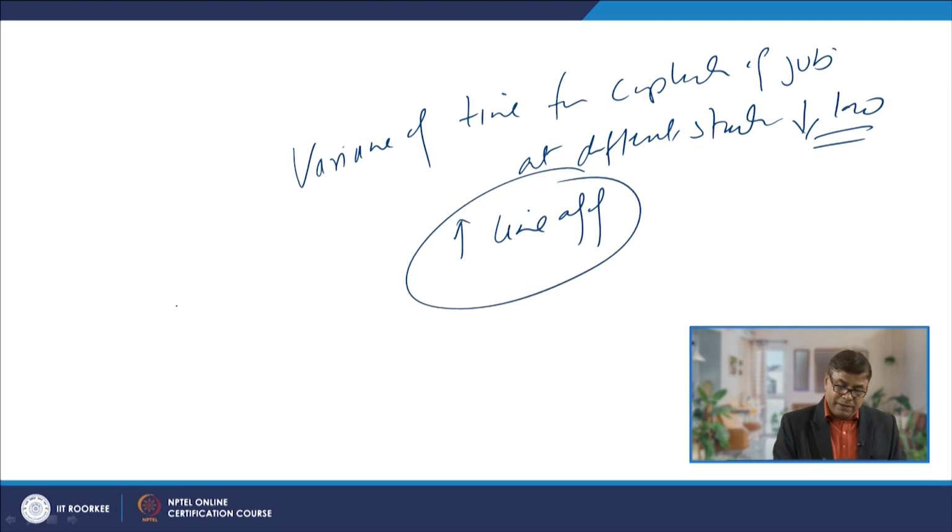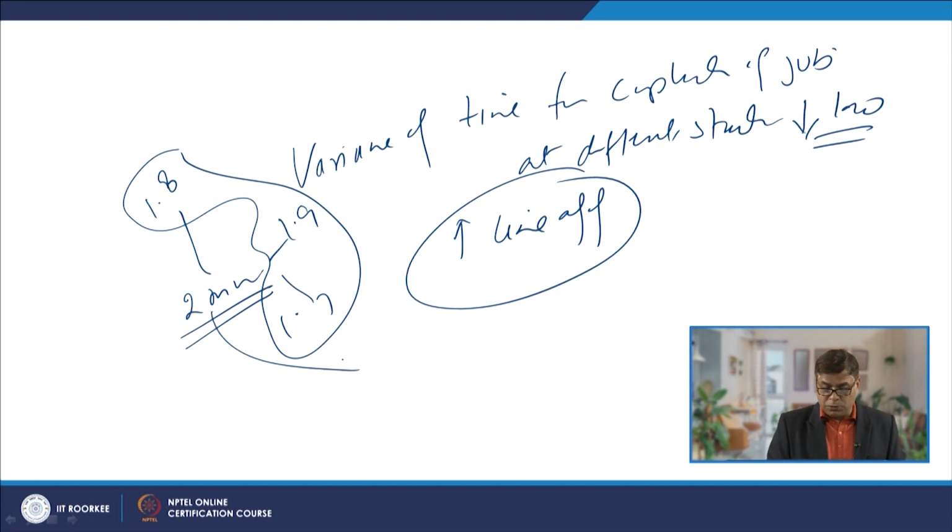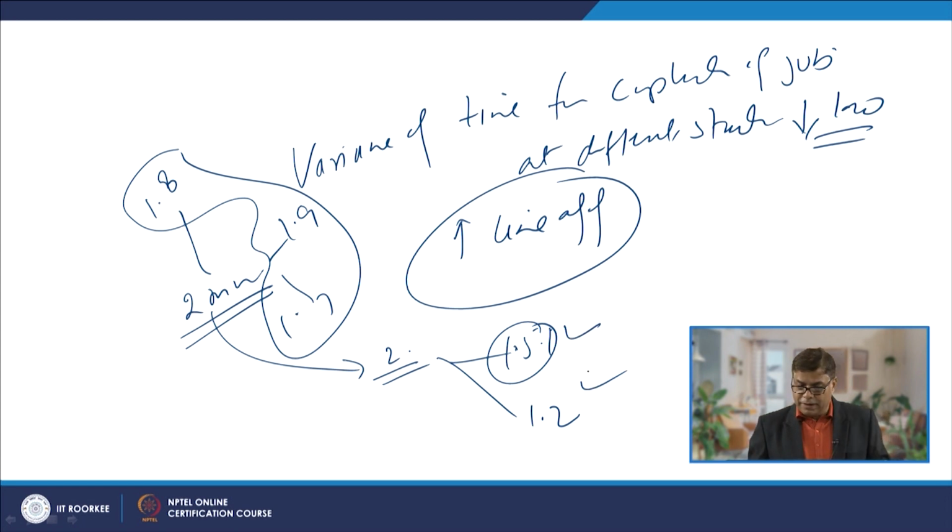So, if it is in the range of, say, 1.9, 1.7, 1.9 like this, then the variation is somewhat less. But if, out of the 2 minutes, the times are like 1.2, 1.5, having larger variation, this will lead to greater variance in the time to complete the job, which will lead to reduced line efficiency.